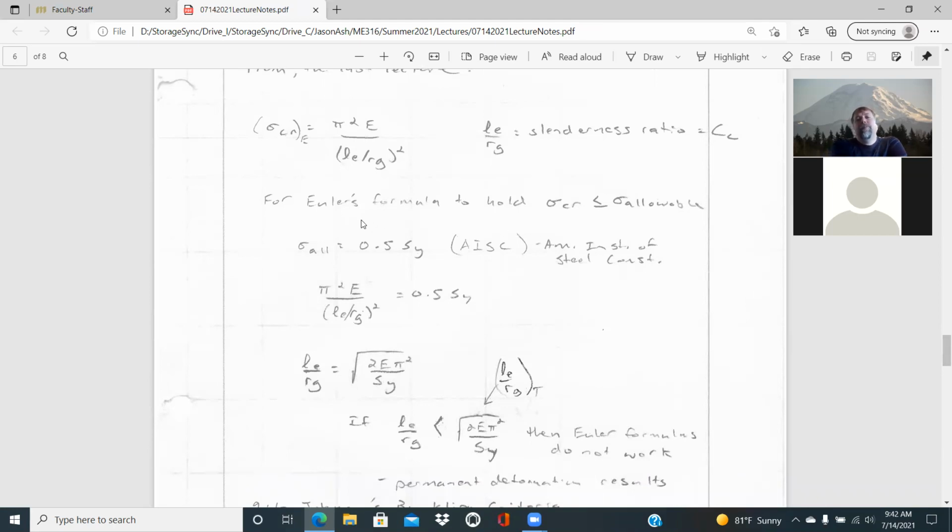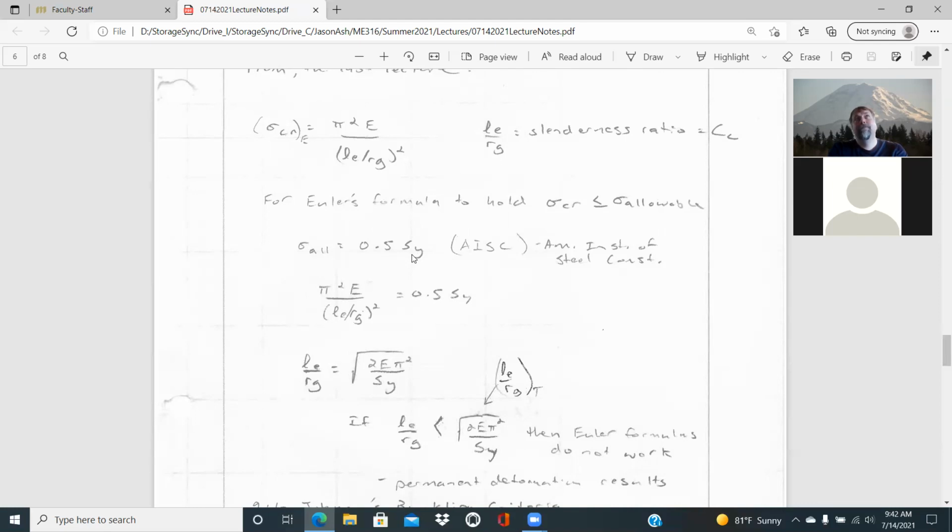For Euler's formula to hold and to be valid, the sigma critical value here has to be less than the allowable stress. And the allowable stress is defined by the American Institute of Steel Construction as half the yield strength.